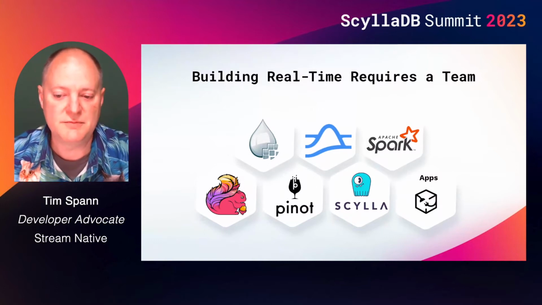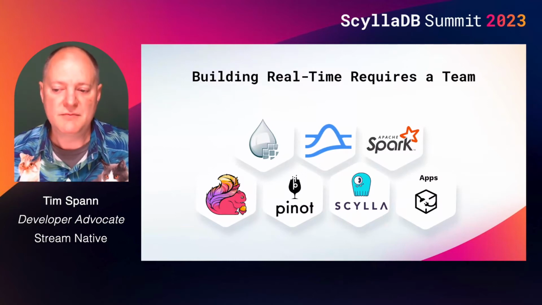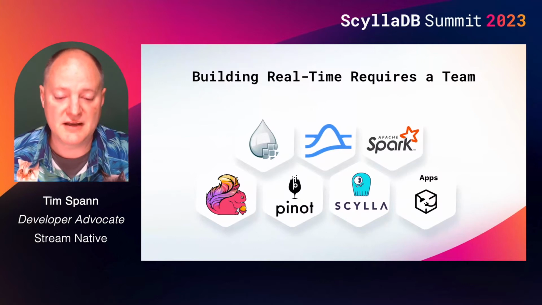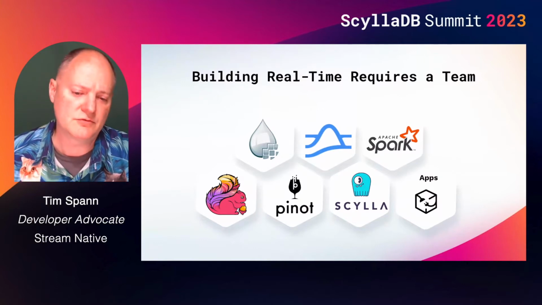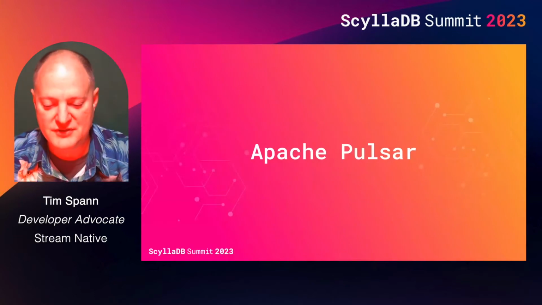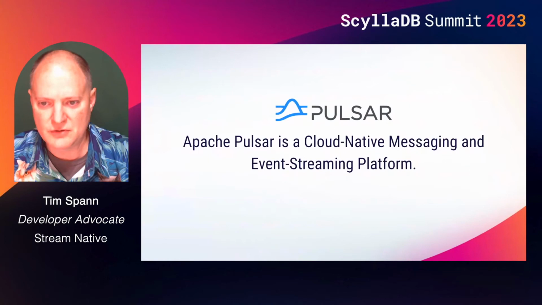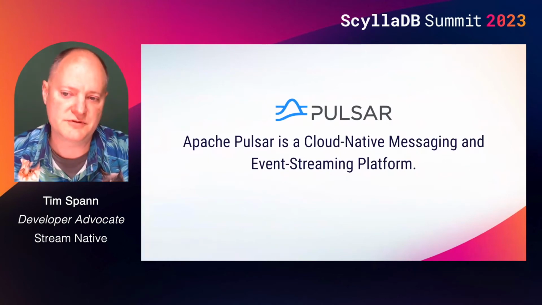Of course, ScyllaDB is my sink, maybe some extra analytics with Pinot, some extra ETL with Spark, and maybe some other applications on the side in either Python or Java or Rust, C++, Scala, lots of different language options out there. But like I said, in the center of all this, really important is Apache Pulsar.